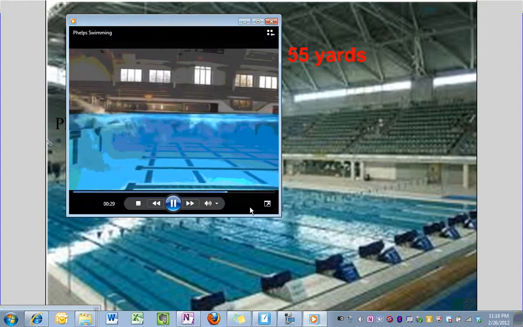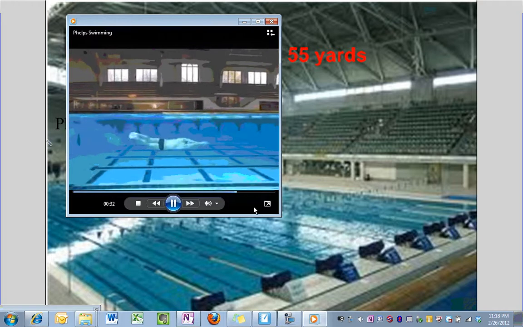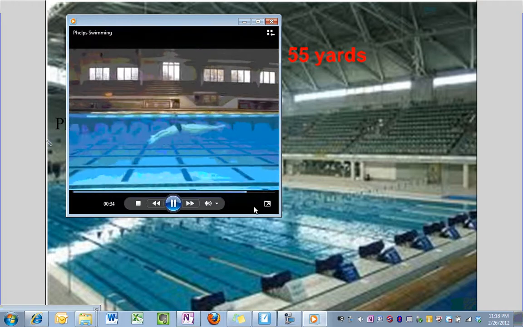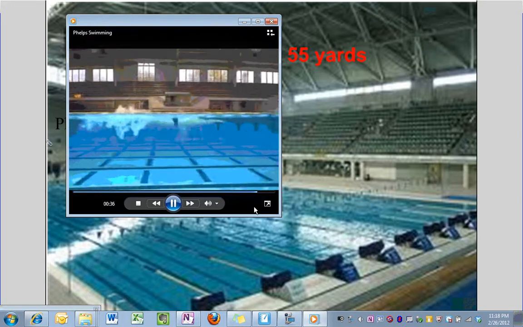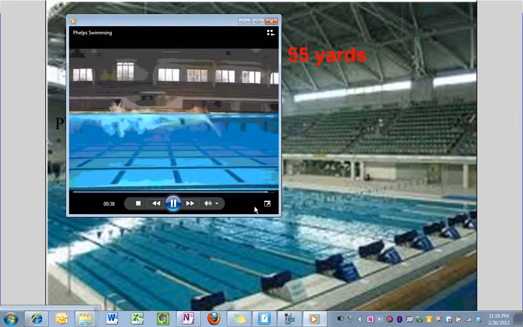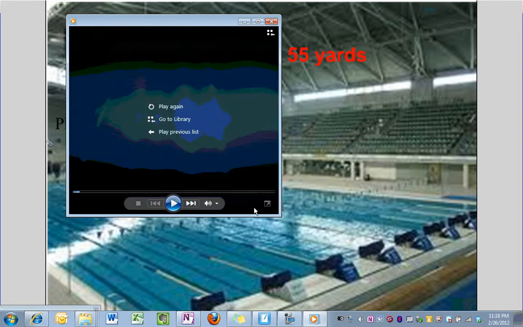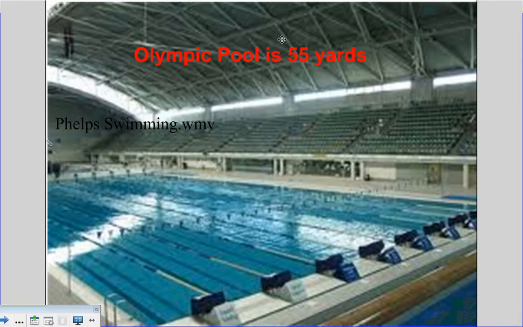Now he's going to turn around and go back. I'm showing this to you because I want you to really understand the difference between an inch and a foot and a yard and 50 yards or 100 yards.